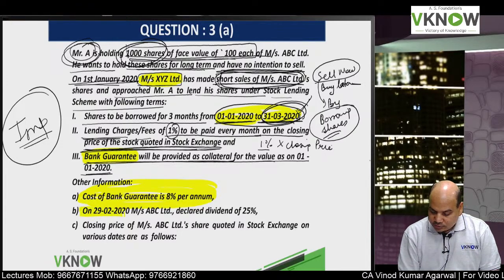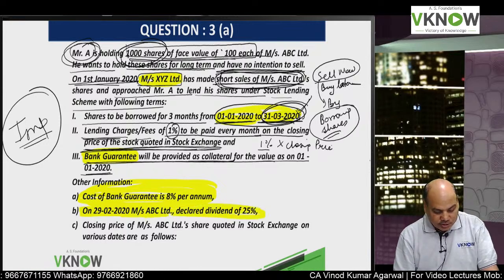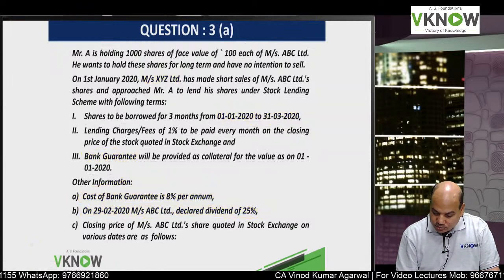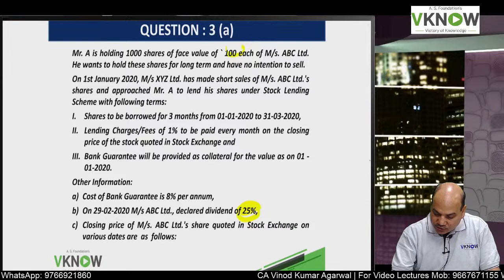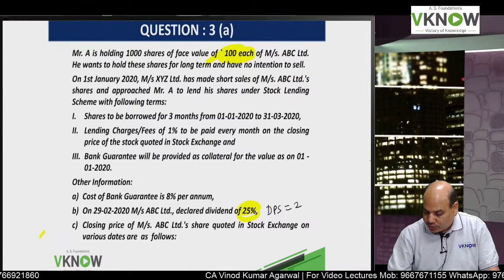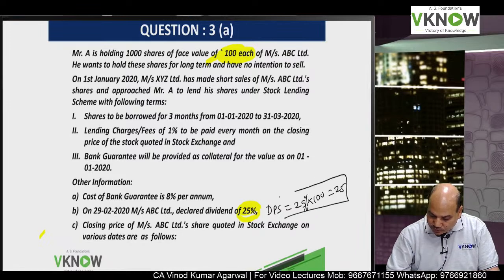On 29th March 2020, Messrs. XYZ declared dividend of 20%. So 20% of what? 20% of face value 100 rupees. So dividend per share will be 25% into 100, 25 rupees.